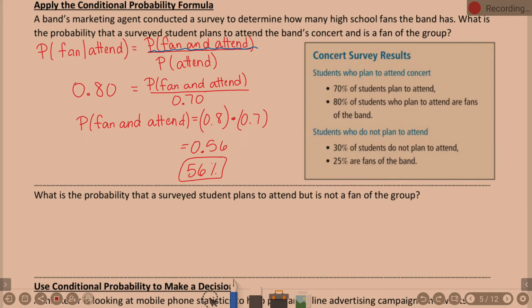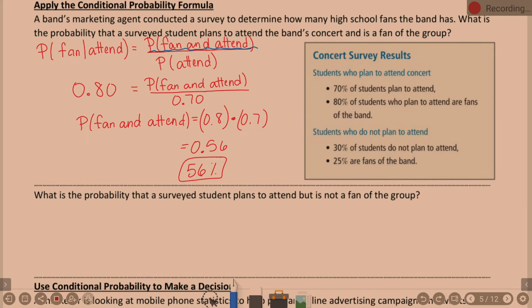Look at the second piece. What is the probability that a surveyed student plans to attend but is not a fan of the group? Okay. So remember, we've got two sets of surveyed students.